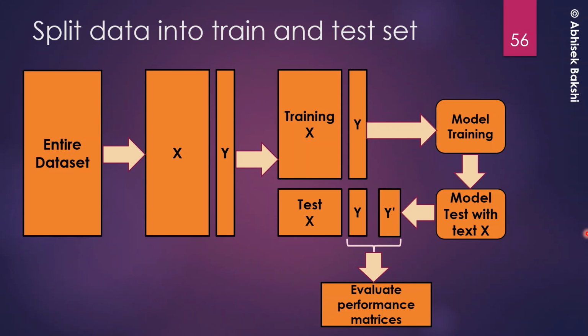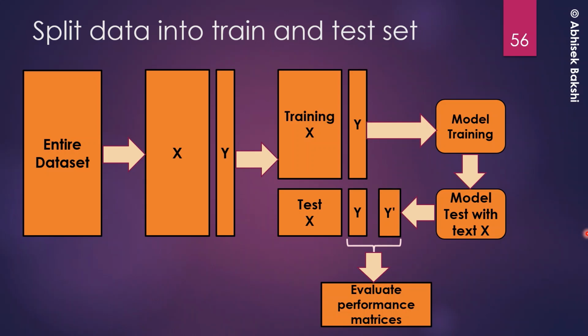Sometimes we say it's giving 95% accurate results. What does it mean? It means for 95% of cases, the model is predicting correctly. Something like this, in very layman terms. But what exactly it is, we will go through with the different performance metrics that we use for evaluating the performance of any machine learning model.